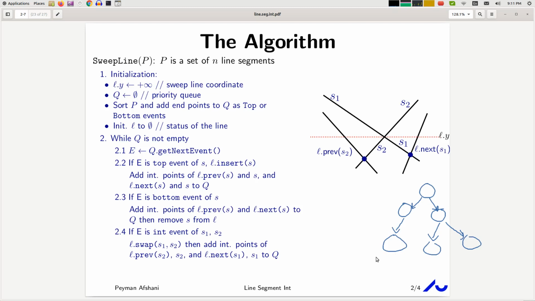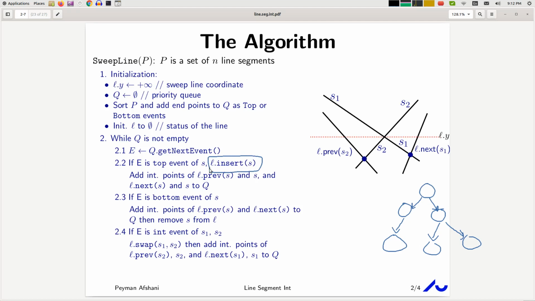What we care about here is how this is modified, because we want to remember all the versions, or all these changes that are happening to this search structure. The modification happens in essentially all of these events. So when you have the top event, we insert S into the red-black tree.